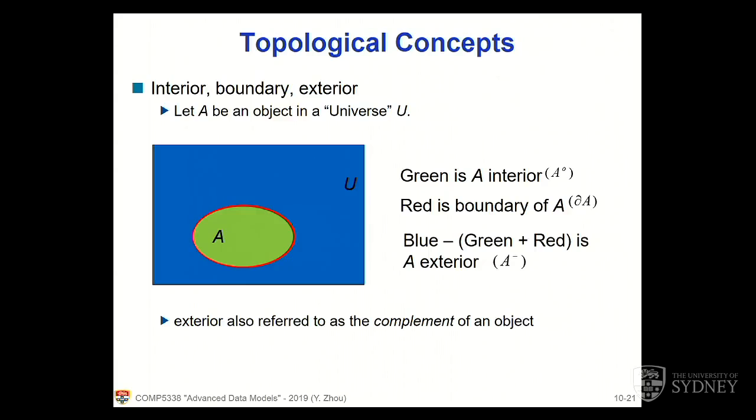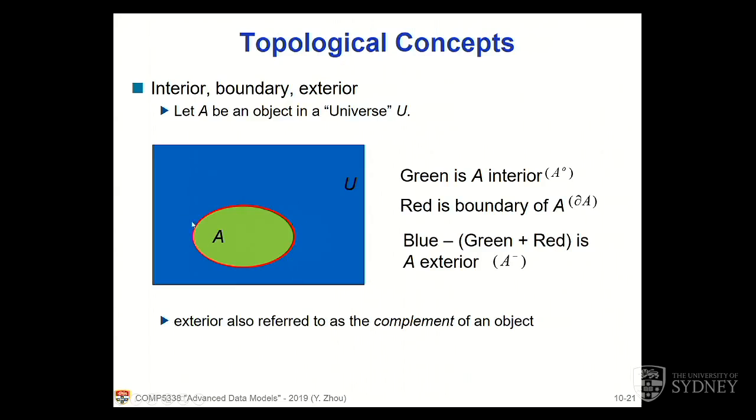Because it's related to the boundaries and interiors and others, the researchers come up with some concept: for each shape or object, it always has an interior, it has a boundary, and because the shape is always in some world, like in a coordinate system, there is also an exterior. Assuming the world has a bound, there's always the exterior, so it's like a limited world.